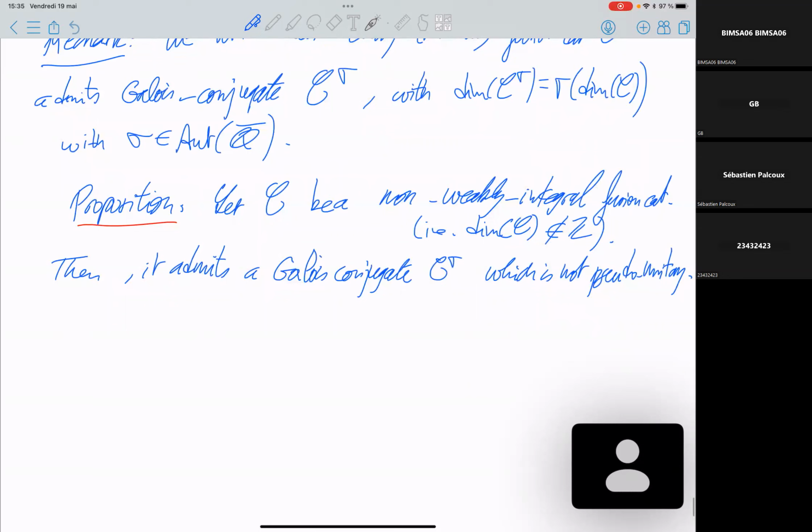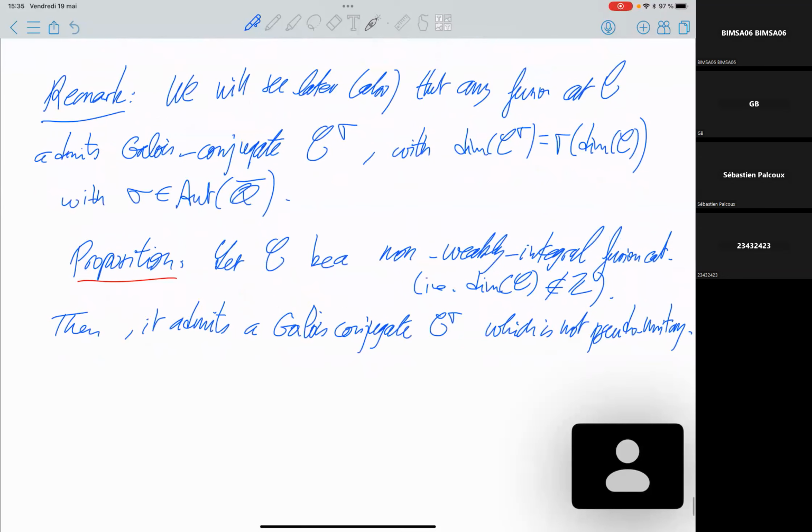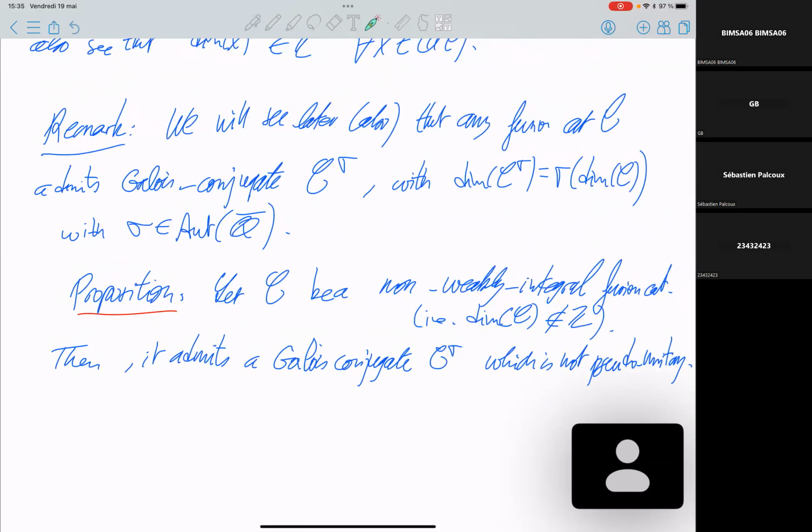I will state soon what a Galois conjugate means, but in fact, you take a field automorphism and you apply it to all the constant structure of the category. We proved in the previous proposition, some few sessions ago, that every fusion category can be defined on the algebraic field.